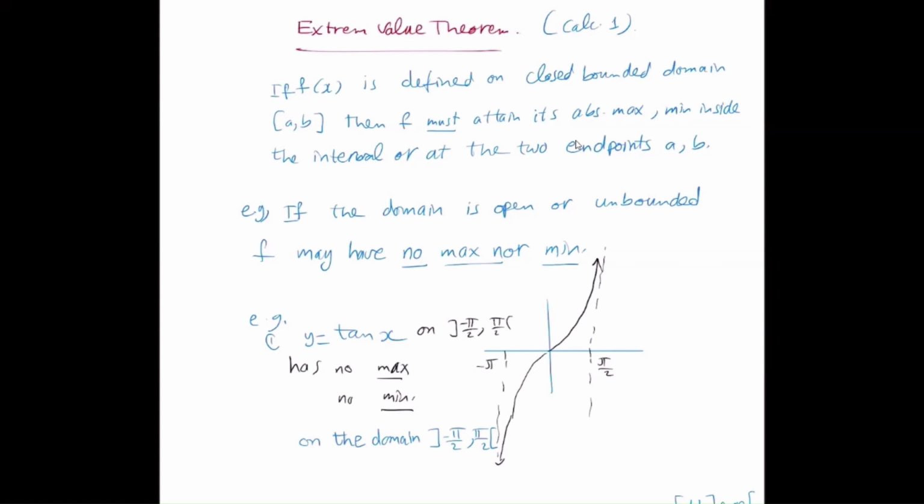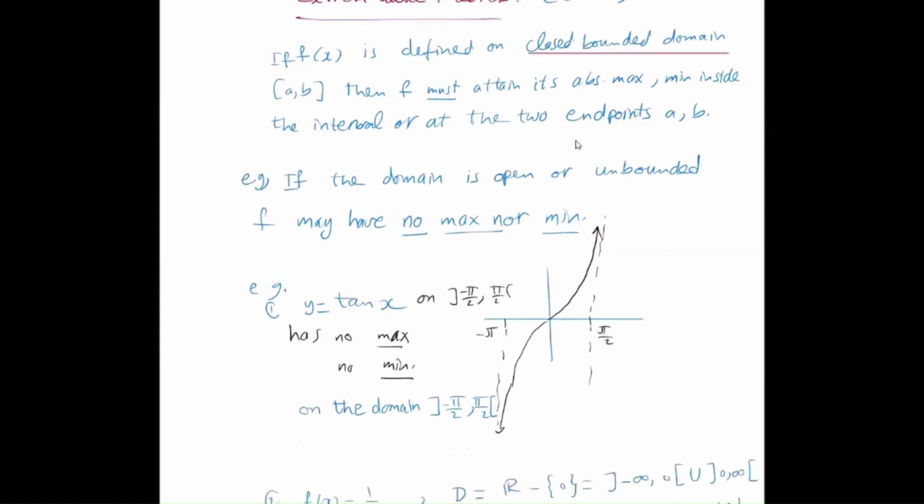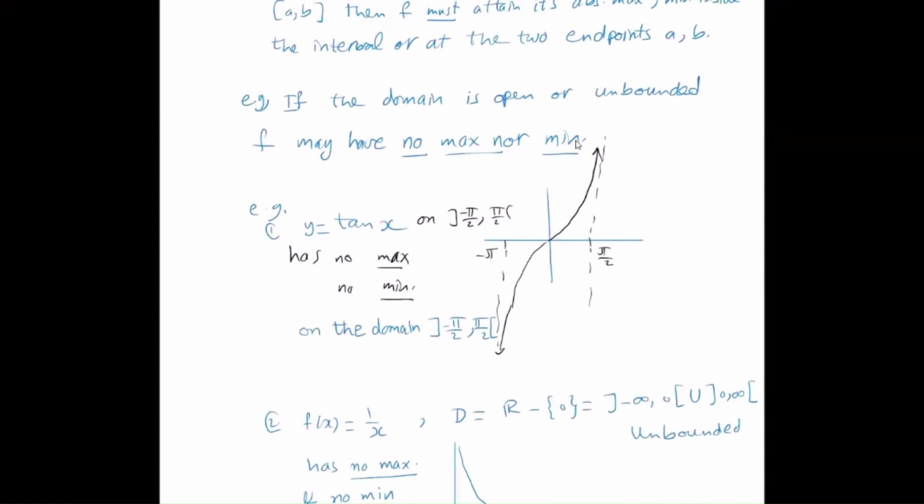If it does not occur inside the domain, it may occur at the boundary. So we have to study the boundary. Closed bounded domain in calculus 1 means a closed and bounded interval.